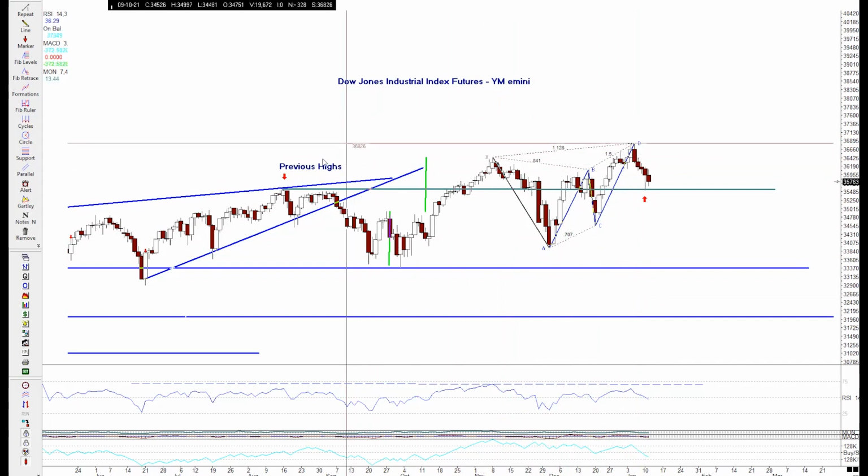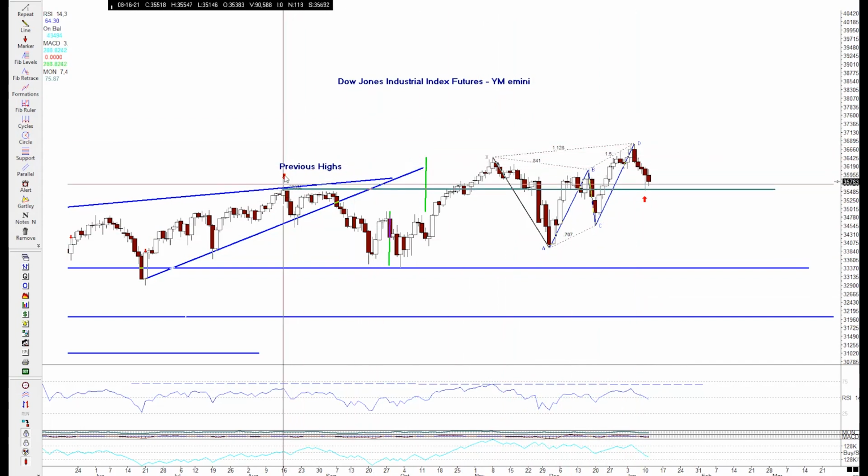Something interesting to note here, where this red arrow is: this is where the Dow Jones was struggling to get up to new all-time highs. You can see all the attempts here, and it pulled back. It formed a range pattern that had an objective, hit the objective once it came up to new highs, and then backed off again and formed this butterfly sell pattern.